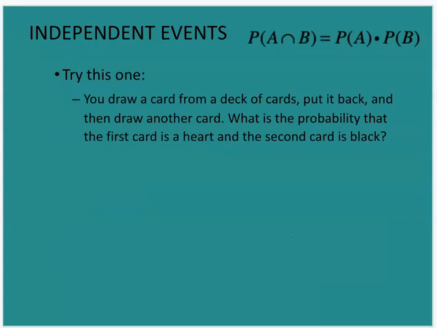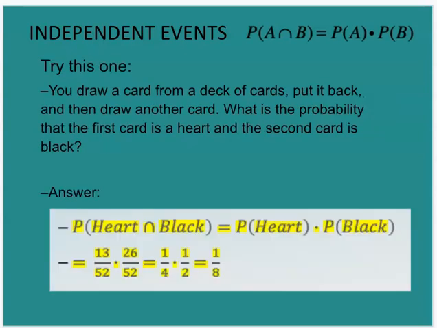Here's another one. You draw a card from a deck of cards, put it back, then draw another card. What's the probability that the first card is a heart and the second card is black? So remember, it's an intersection. So there are 13 hearts in the deck, 13 out of 52, times there are 26 black cards in the deck, so 26 out of 52.